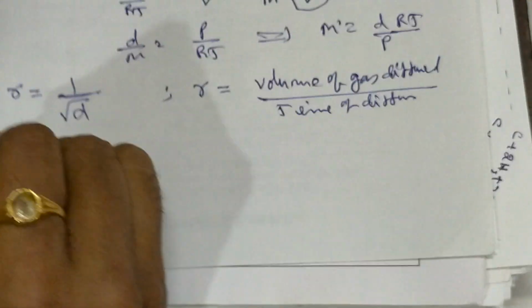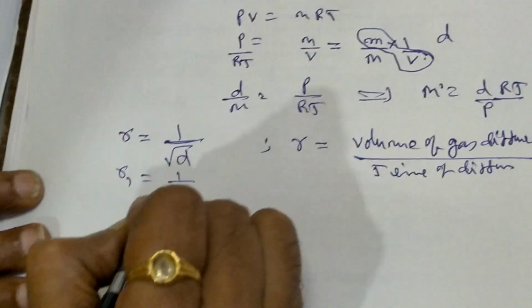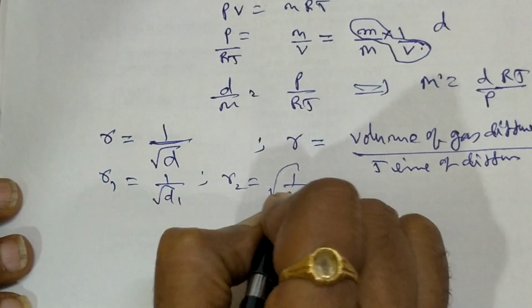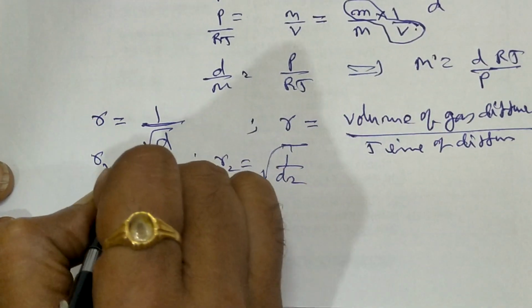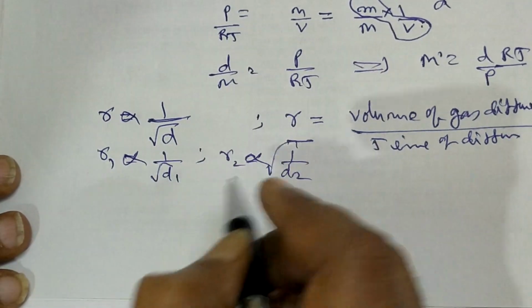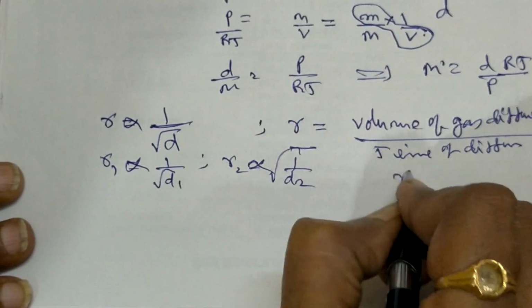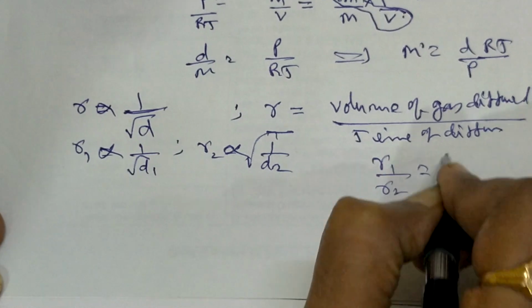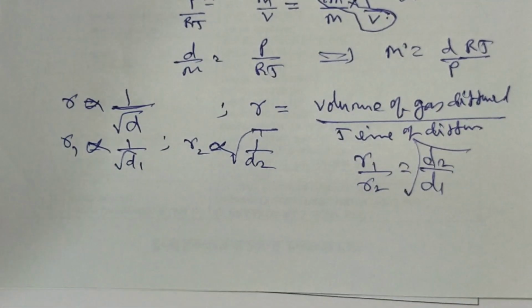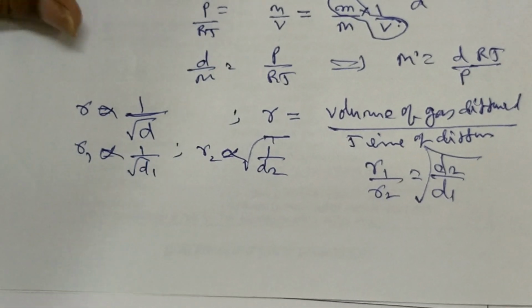Now if I write r1 proportional to 1 by root d1, similarly r2 proportional to 1 by root d2, all the time proportional. Taking r1 by r2, it is nothing but root of d2 by d1. This is another way of expression.